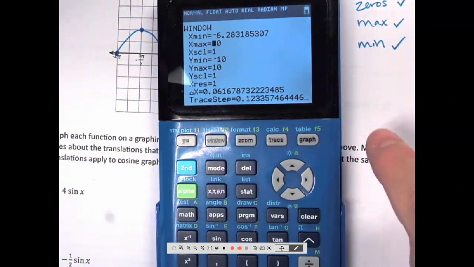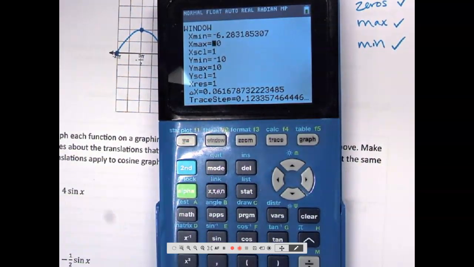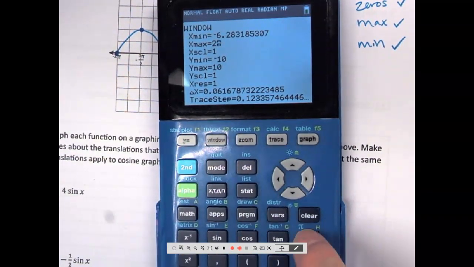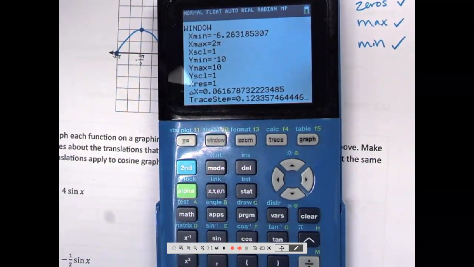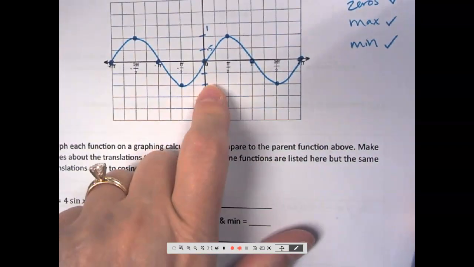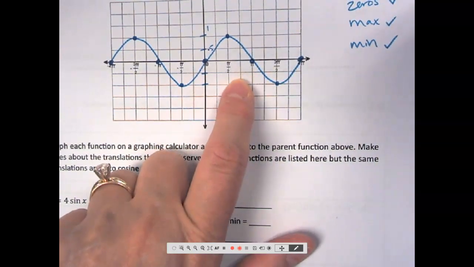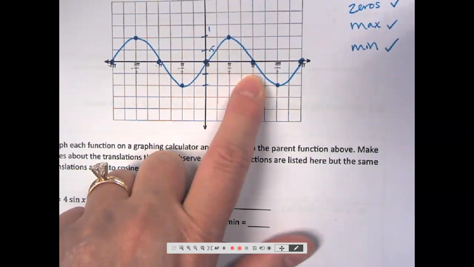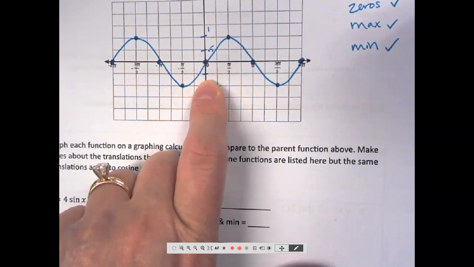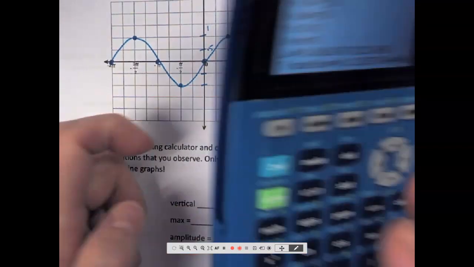Okay, then my x max, far right on the x-axis, I want 2 pi. What is my x scale on here? How much is each of these? 45. Okay, but in radians, that's what? Pi over 4.